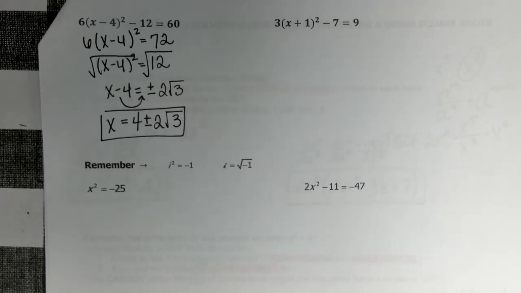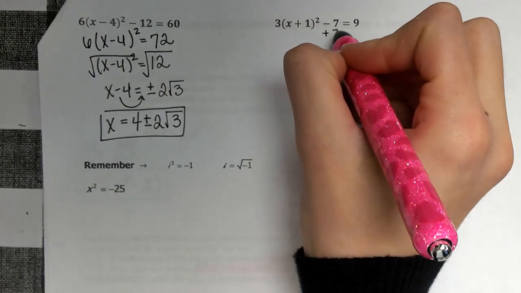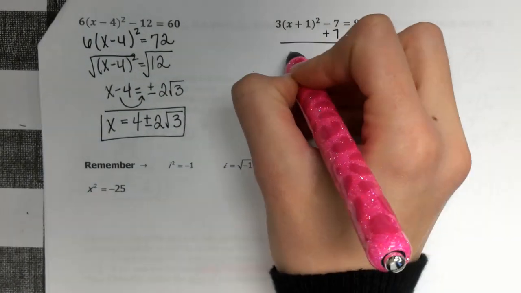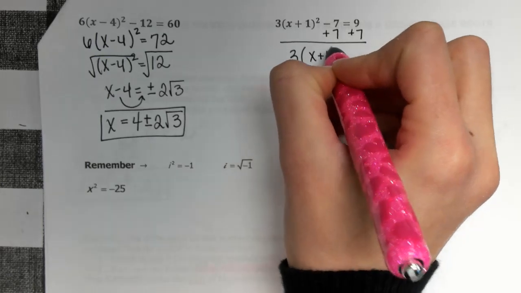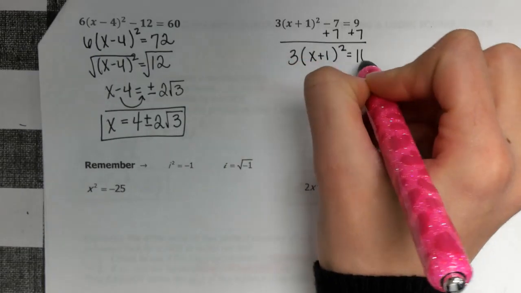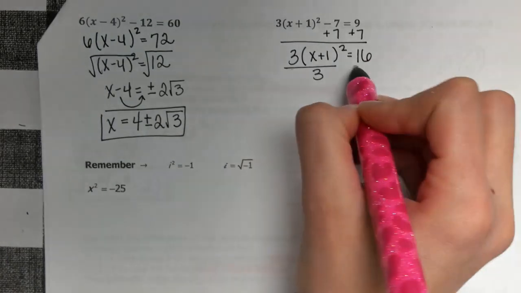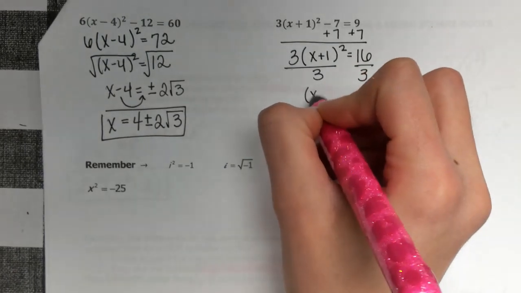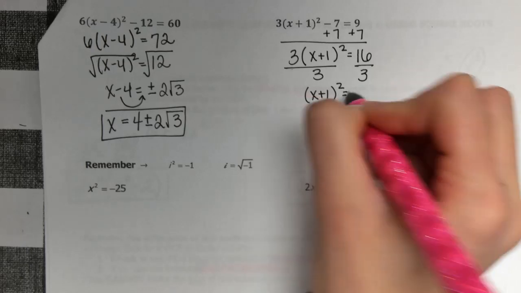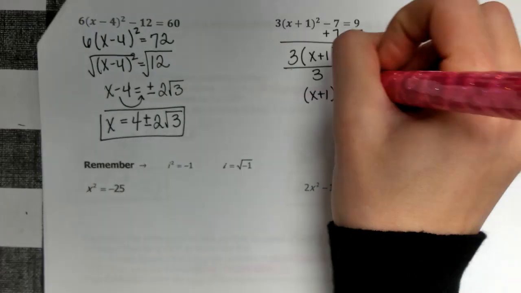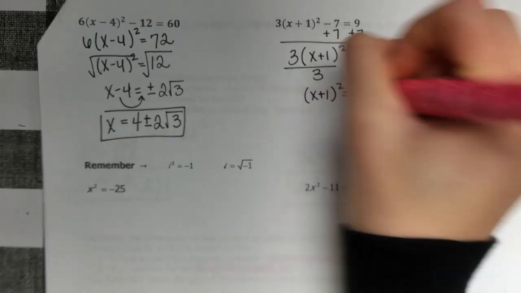Alright. This next one. I add my 7. 3 times x plus 1 squared equals 16. Divide by 3. X plus 1 squared equals 16 over 3, which is a fraction.